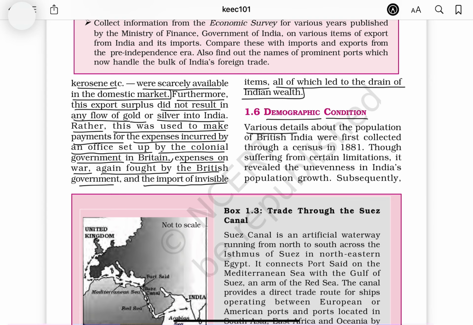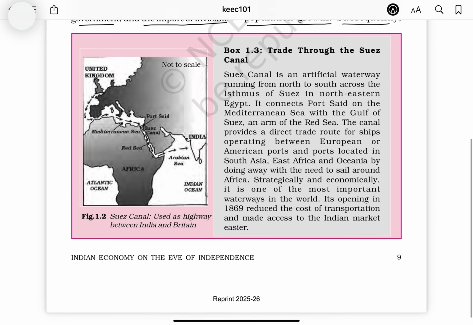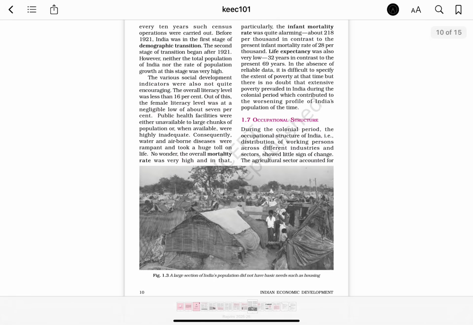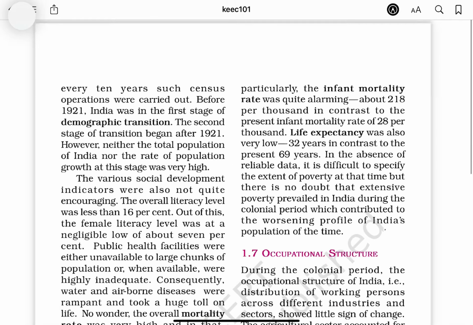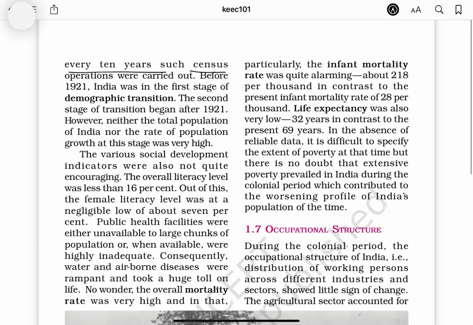Demographic condition. Various details about the population of British India were first collected through a census in 1881. Though suffering from certain limitations, it revealed the unevenness in India's population growth. Subsequently, every 10 years, such census operations were carried out.